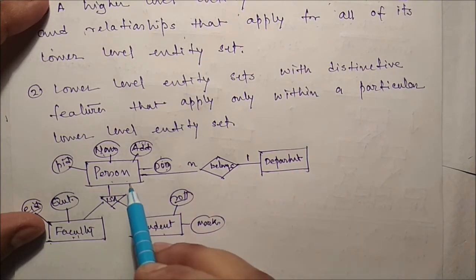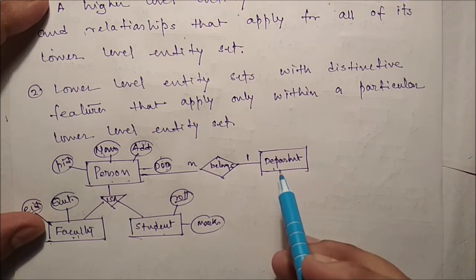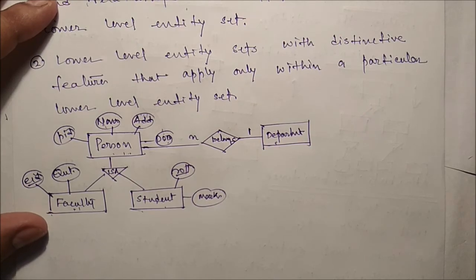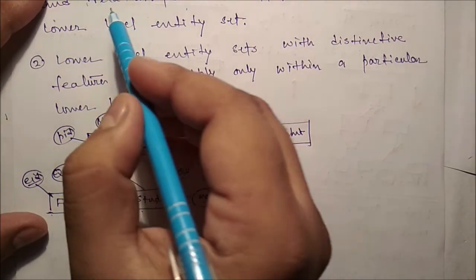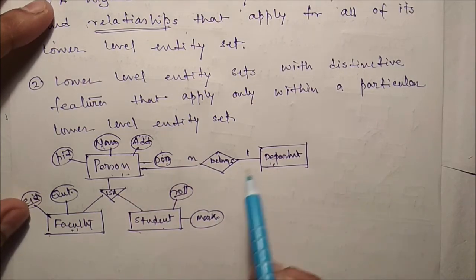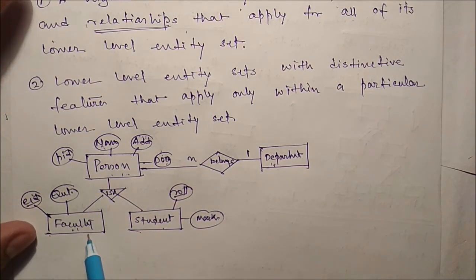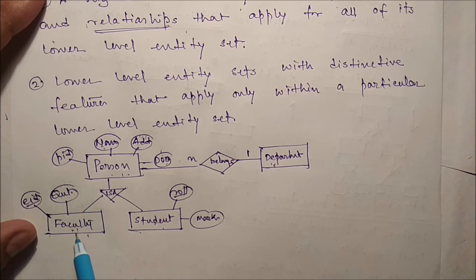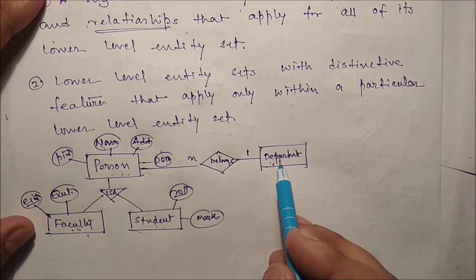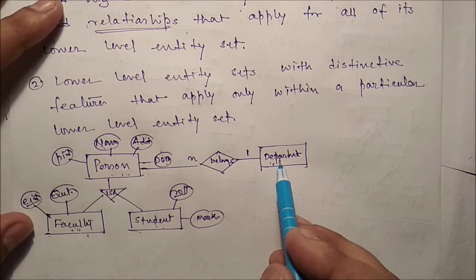So a person must be in a single department, and a department may have more than one person. This relationship is applicable for the lower level entity also. That means there is a relationship between faculty and department, and there is a relationship between student and department. Are you getting this?